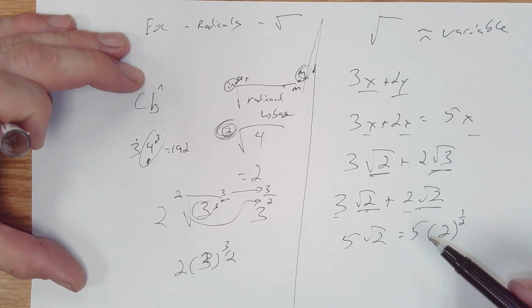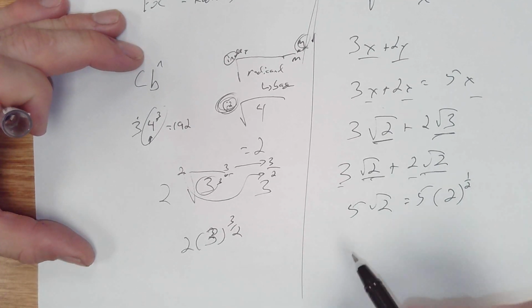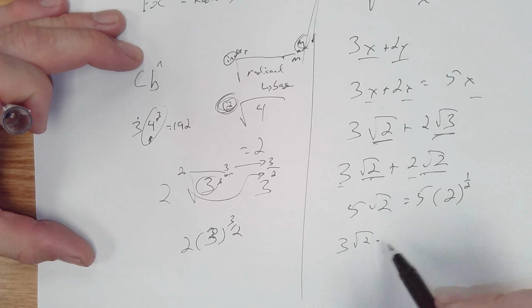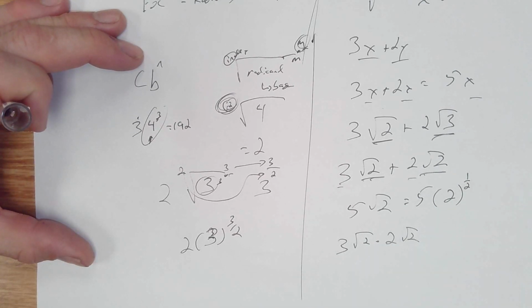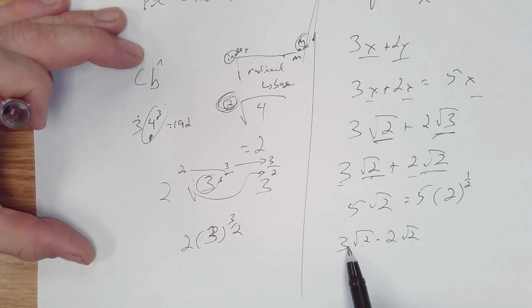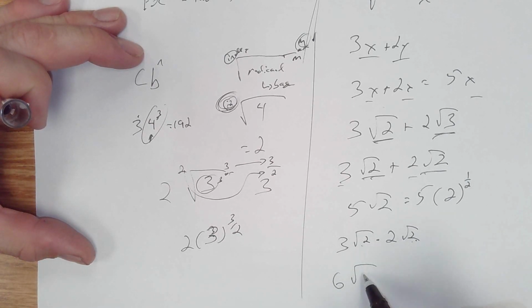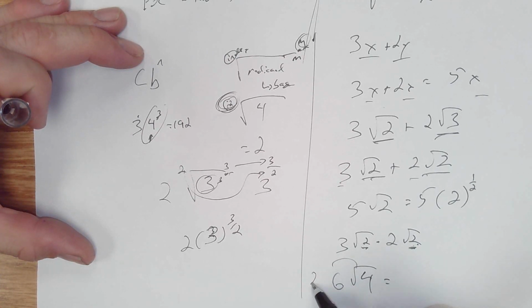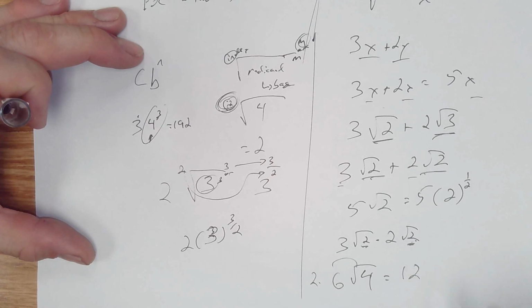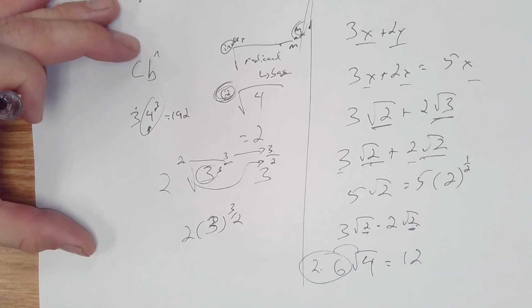So if I was going to multiply, say I had 3 square root of 2 times 2 square root of 2, I can multiply the 3 times the 2, which is 6, and then multiply the square root of 2 times the square root of 2, which is the square root of 4, which comes out as a 2, so this is going to be equal to 12, because 2 times 6 is 12.